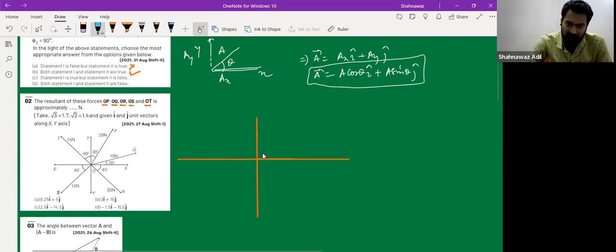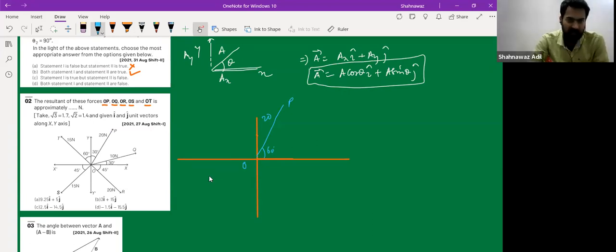So OP: this is O and this is P, and the magnitude is 20, and the angle is 60, right?